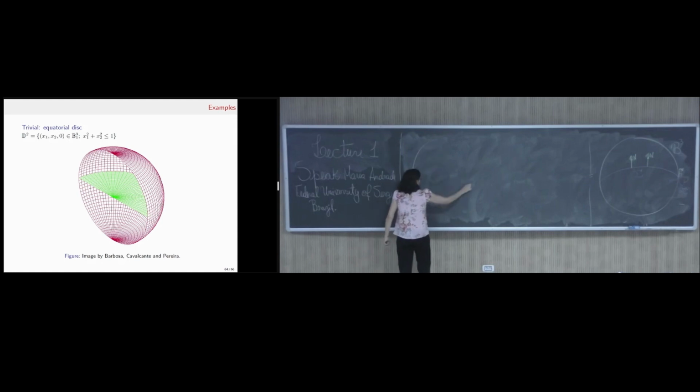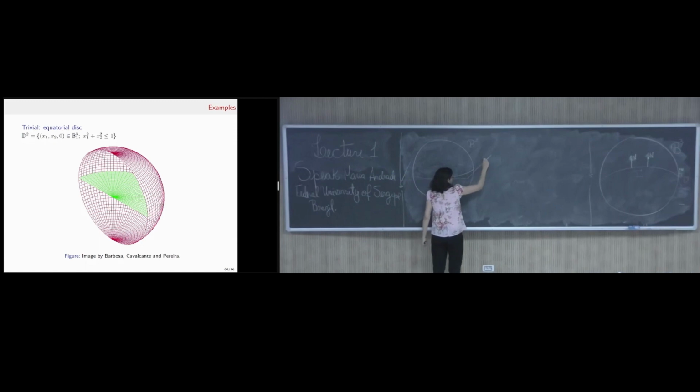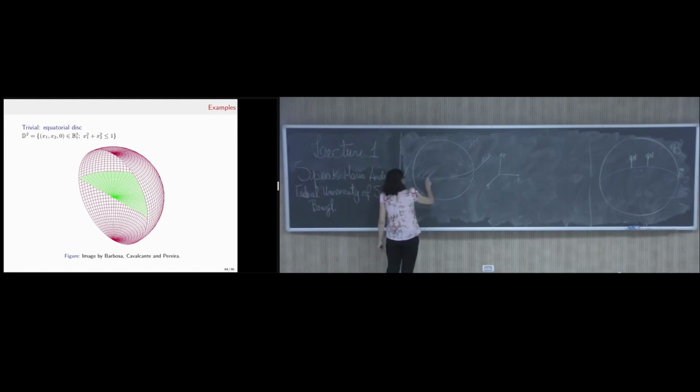You have a ball, a closed ball, and you have a plane. Imagine you have this coordinate system, X, Y, Z, okay? And when you intersect the plane with the ball, sorry for my drawing, you have this disk. And this disk intersects the ball at a right angle.